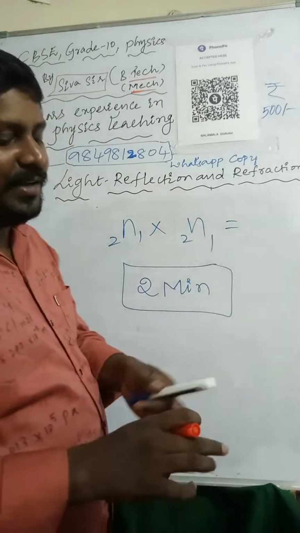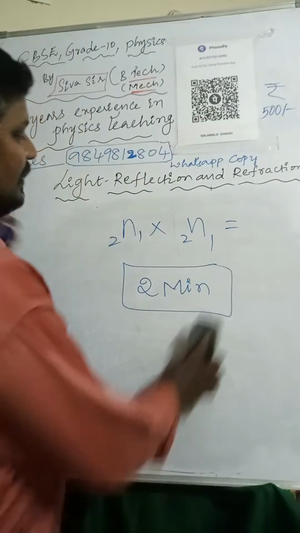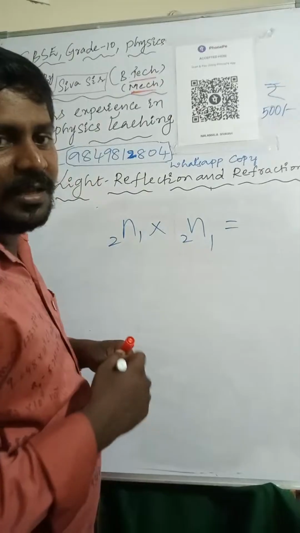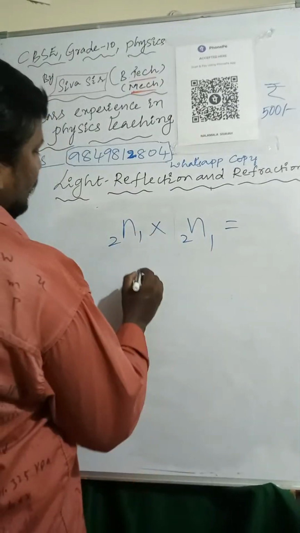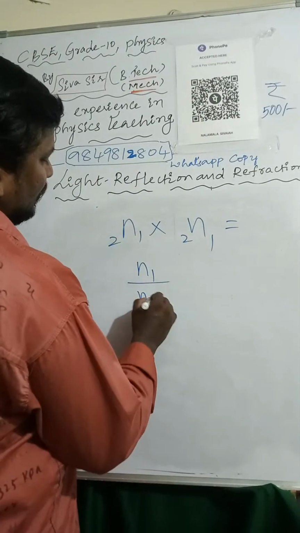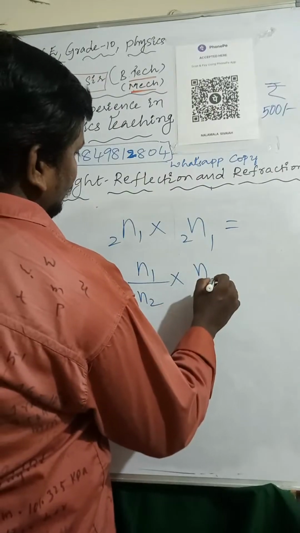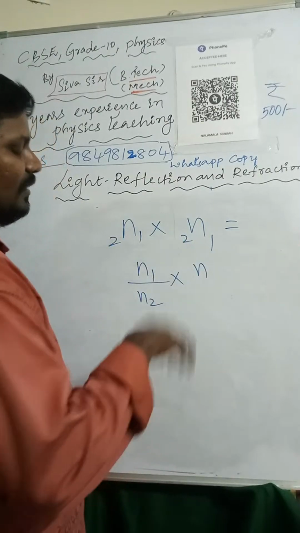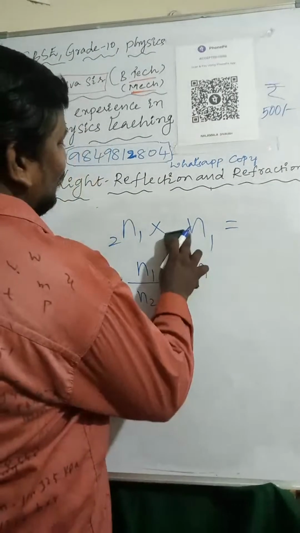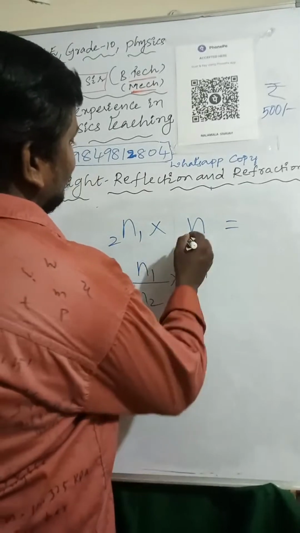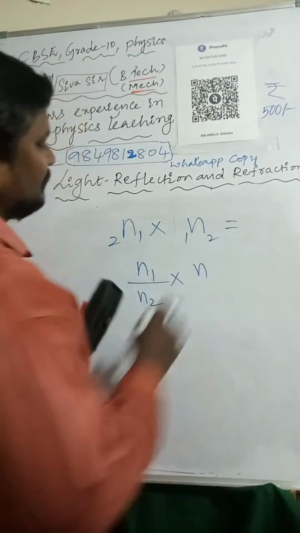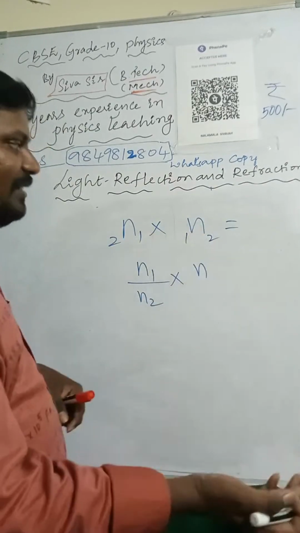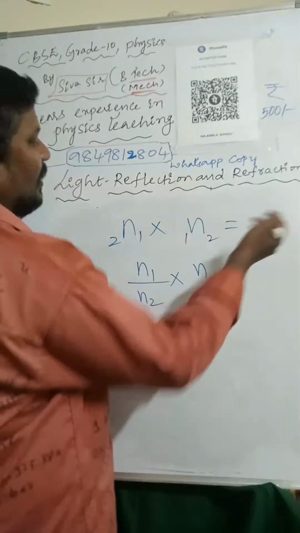So the answer is 1. How do we get it? How to solve it? Here n1 by n2 into, actually the same only, right? Here is 1, here is 2. If you do it the same way, you will get a square, nothing else.